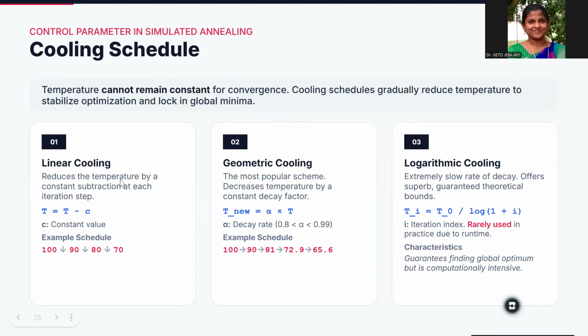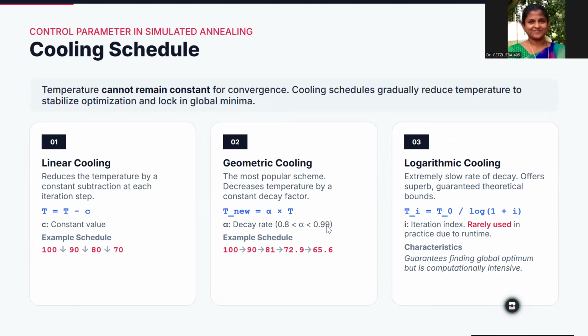So there are three types of cooling. One is linear cooling. Linear cooling means it reduces the temperature linearly, 100 to 90, 90 to 80, 80 to 70, with a constant value C. Geometric cooling allows the cooling process with a decaying factor of alpha, where alpha is between 0.8 and 0.99.